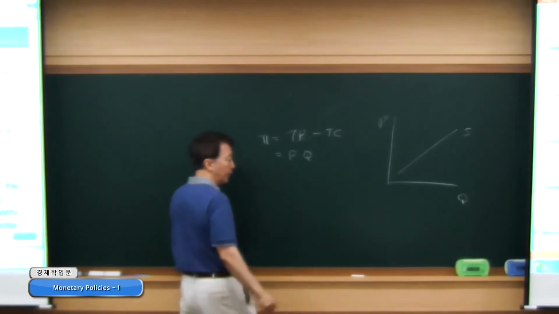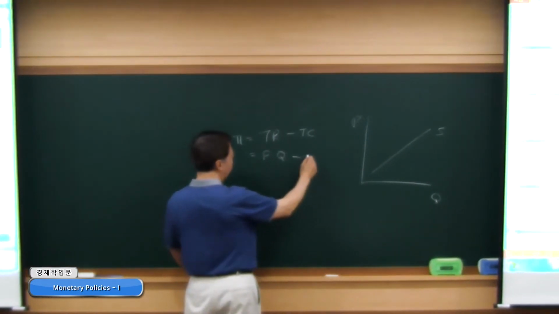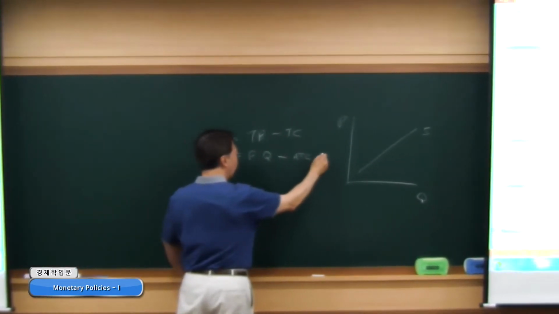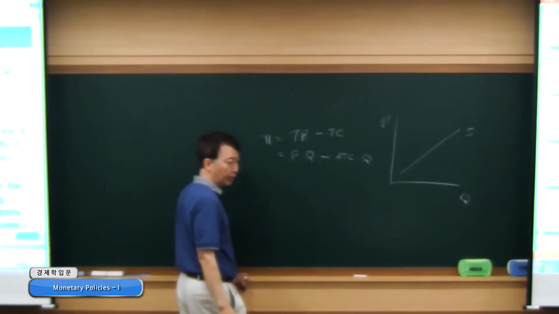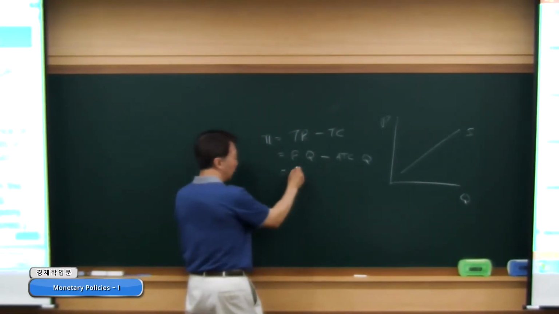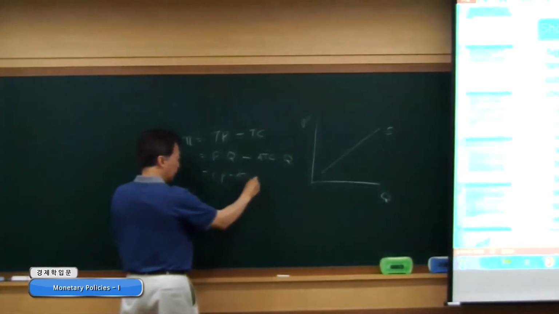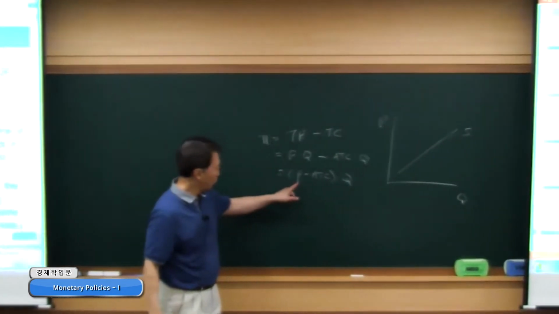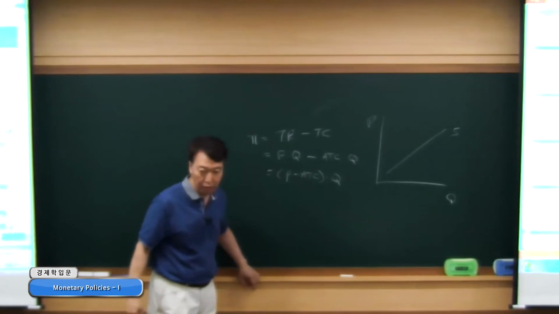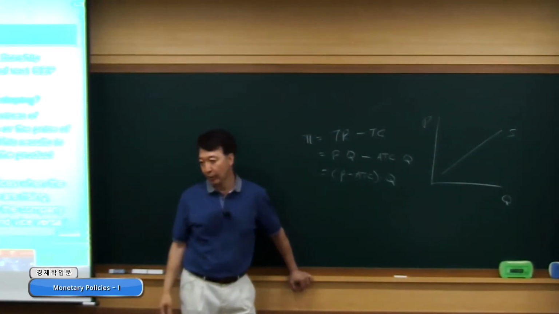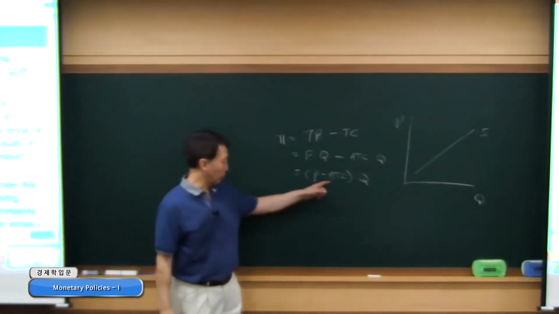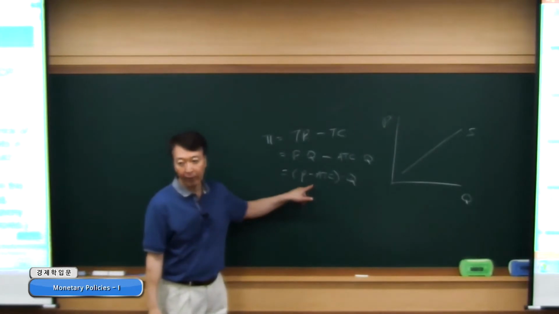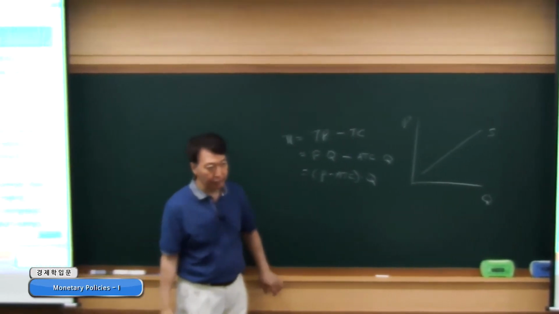And the total cost would be average total cost, or per unit cost, times how many units you produce. So the profit is simply P minus ATC times Q. The difference between the price you charge and how much it costs to produce each unit, so you can say this is a profit margin. For each unit you produce and sell, you make this much money.